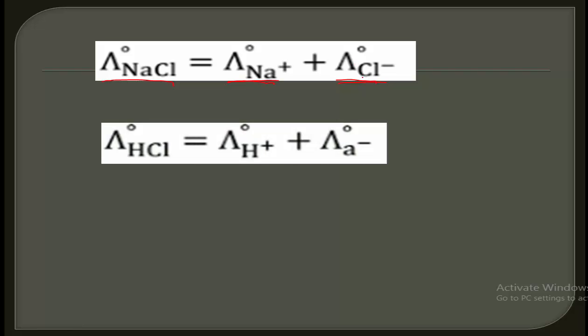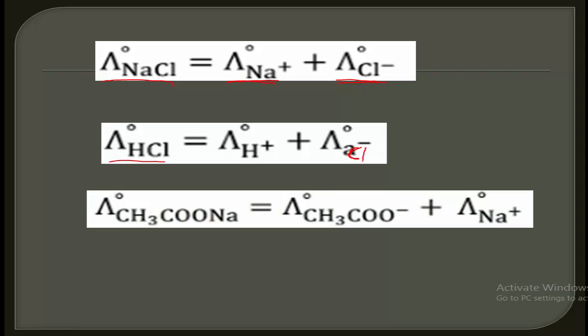In a similar manner, how will we calculate the limiting molar conductivity for HCl? It is the limiting molar conductivity of H plus and the limiting molar conductivity of Cl minus. So it is not A minus, it is Cl minus.